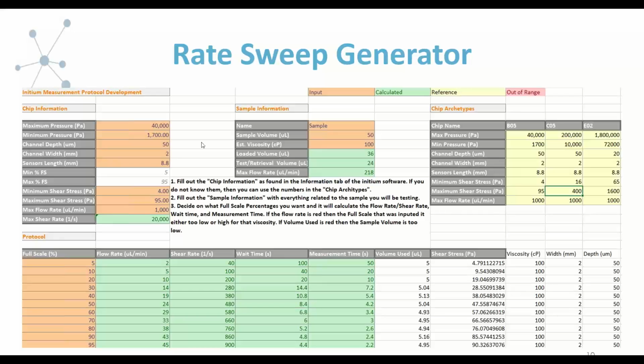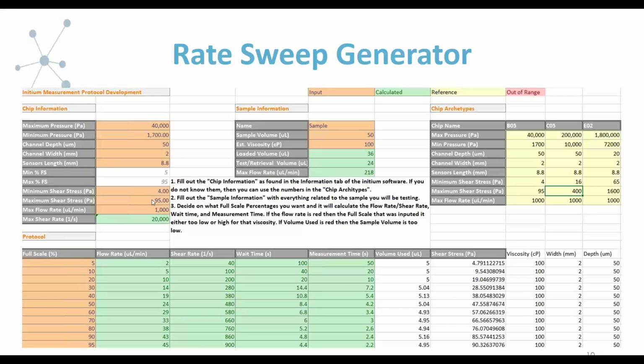And then the chip information, so if your B chip has a 40,000 Pascal maximum pressure limit and a minimum of 1,700 Pascals, then you would input that here. We know the channel depth, channel width, and the sensor length, and then the minimum and maximum shear stresses that can be experienced in the chip.